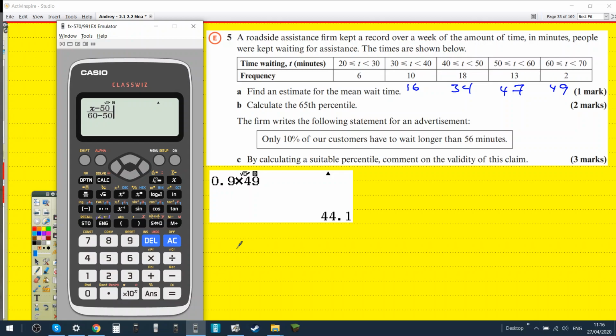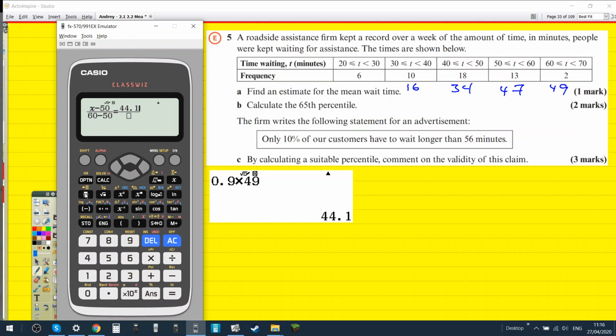If they're saying it's 56 minutes, you could do 56 minus 50 out of 10, so that would be 6 out of 10. So they're saying it would be 6/10 of the way into that group. Yeah. So 6/10 of the way into that group would be the same as 44.1, so that's the frequency.